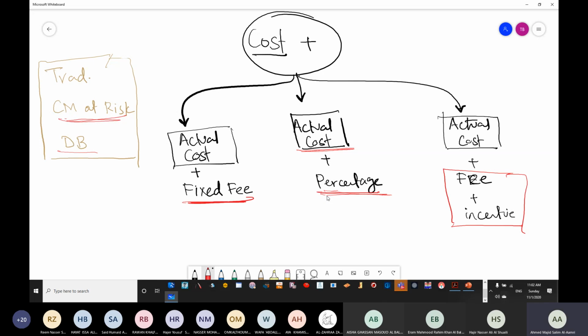Are we fine? So if you see here, actual cost plus fixed fee is better for me as an owner than actual cost plus percentage. Now for the contractor, which one is better? The fixed fee or the percentage?